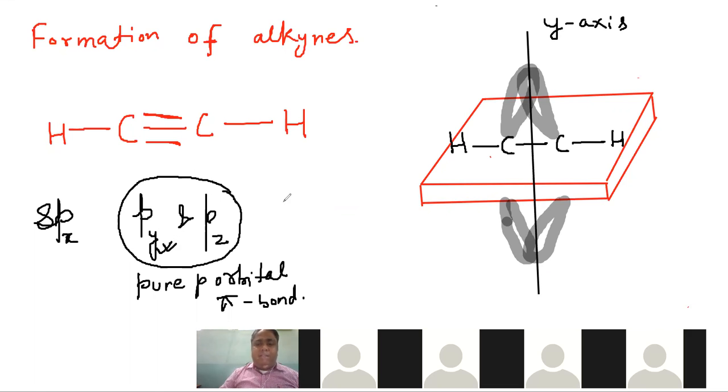Similarly, in the z axis, a pi bond can be formed, like this. This is the z axis.